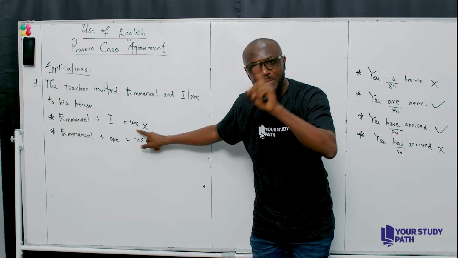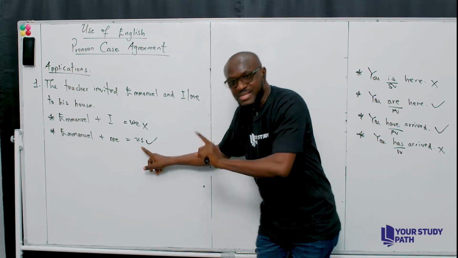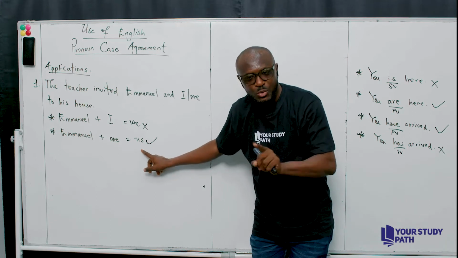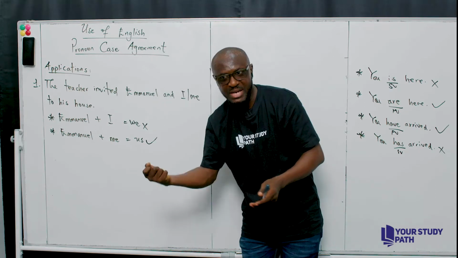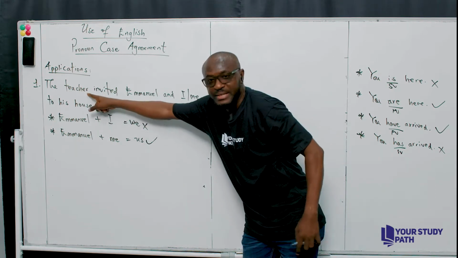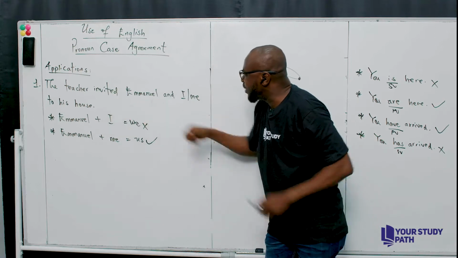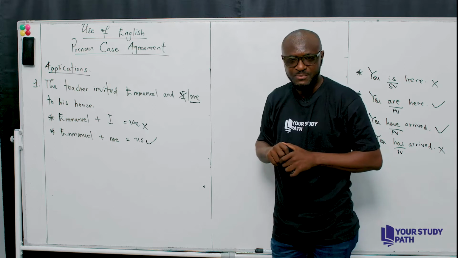It is meant to be positioned before the verb, not after. Us is an object case pronoun, which should be positioned after the verb, not before, to receive an action. So having said that, we can say that the teacher invited Emmanuel and me to his house.